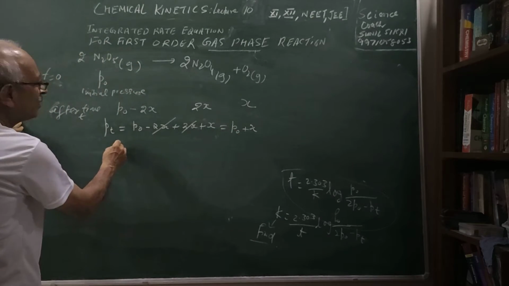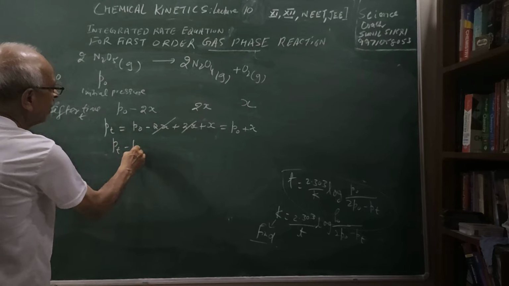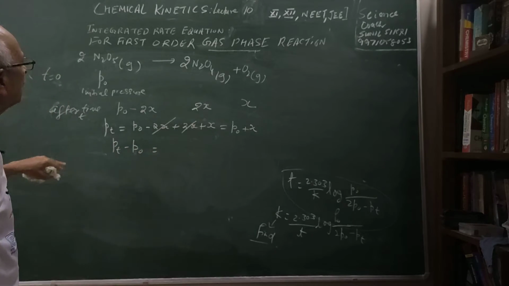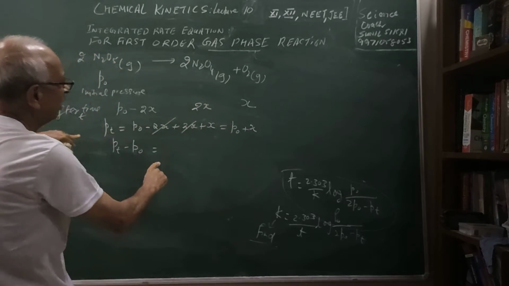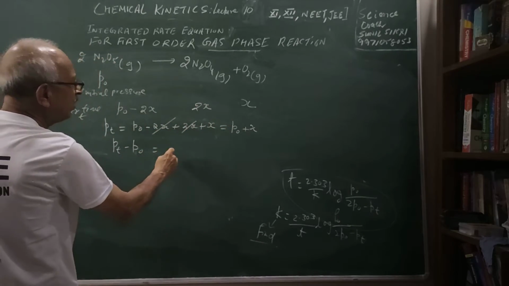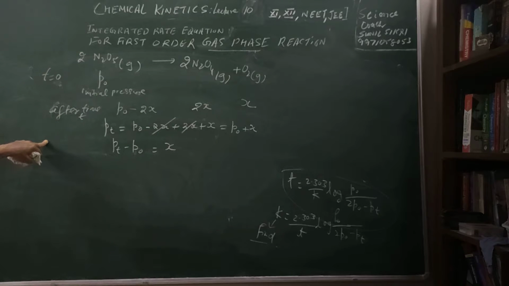Here, that means Pt minus P0 is equal to how much? P0 plus x minus P0, so this is cancelled. What is this value Pt minus P0? This is equal to x.